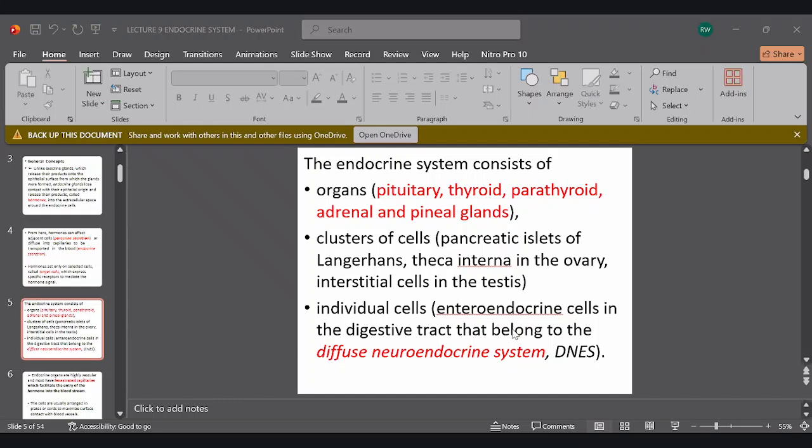The parathyroid controls the calcium levels in your body. Is that okay, Masika? Yes, I've got you, sir. They are very different. The thyroid controls the metabolism in your body, and the parathyroid controls the calcium levels in your body.